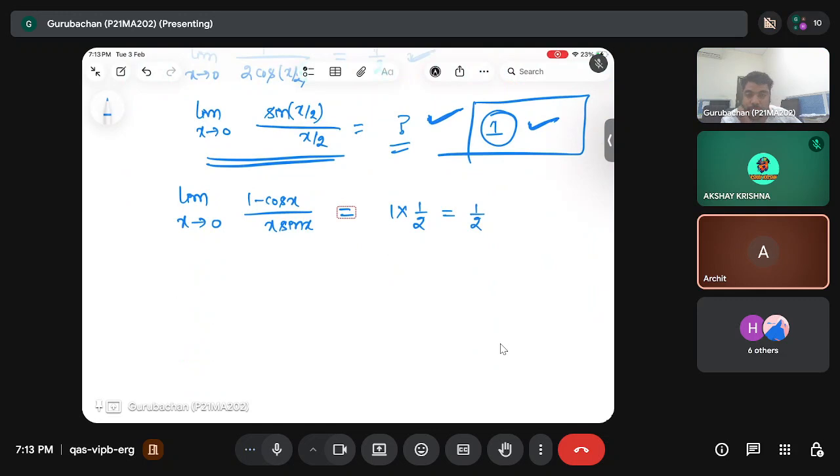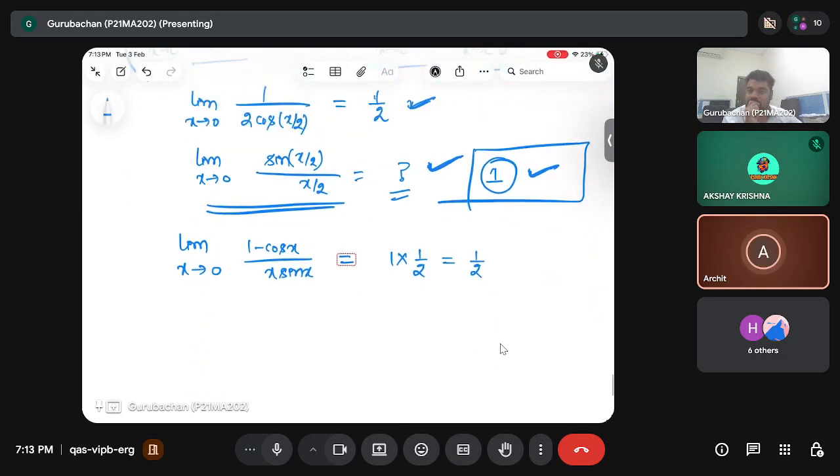Sir, yes, sir, I have a counter example. Like you said, the limit will exist if both the limits exist.